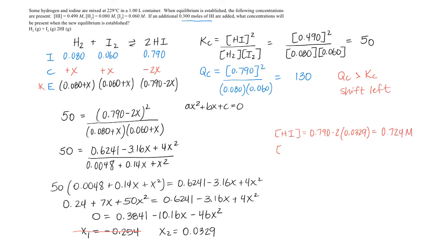The concentration of H2 will be 0.080 plus the value of x, 0.0329, which is 0.113 molar. And the concentration of I2 will be 0.060 plus the value of x, 0.0329, which is 0.0929 molar.